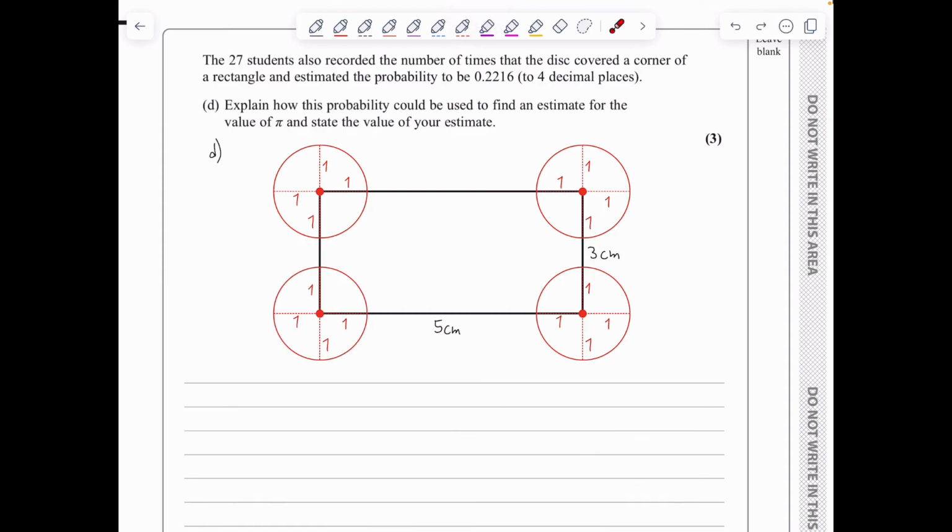And if the center of the disk is anywhere here, then I am bound to be covering the corner.